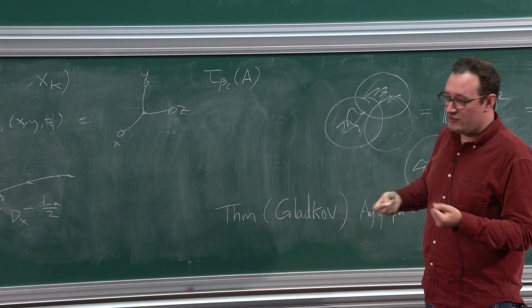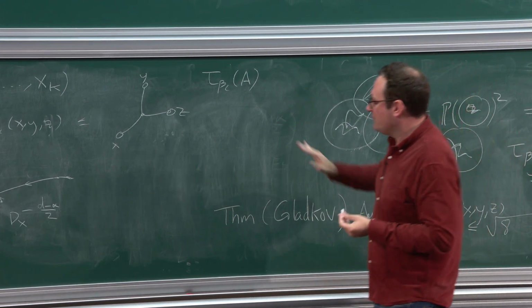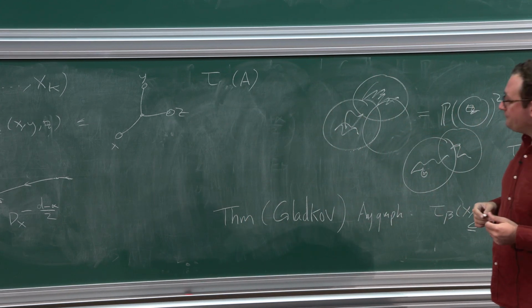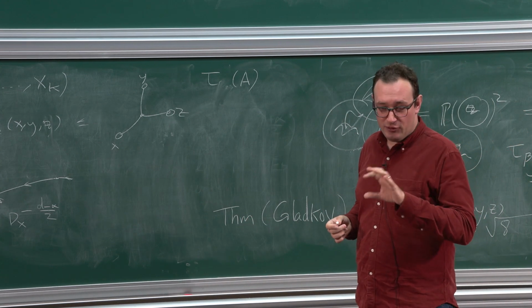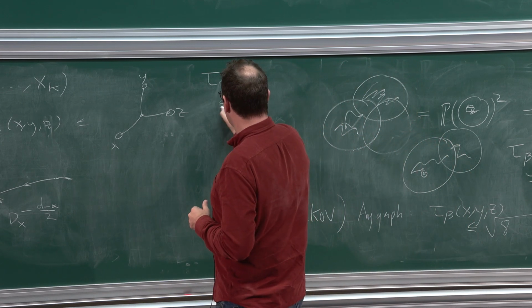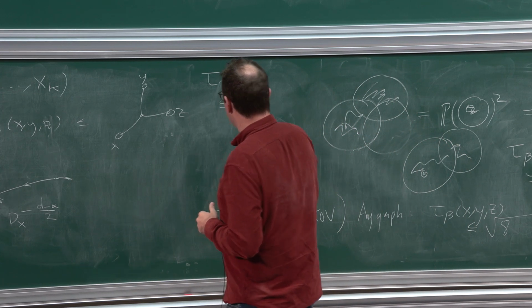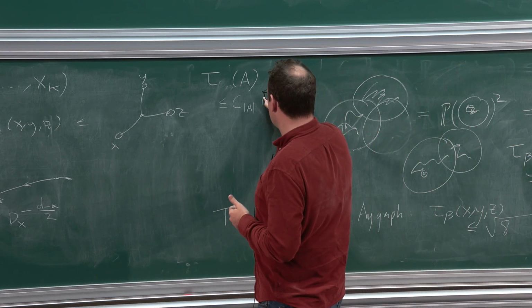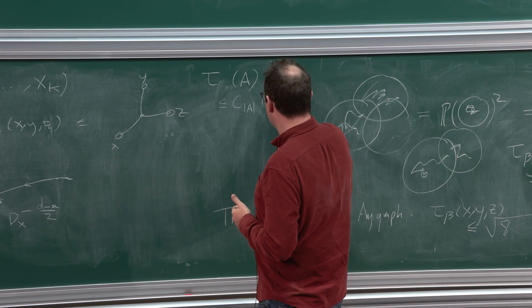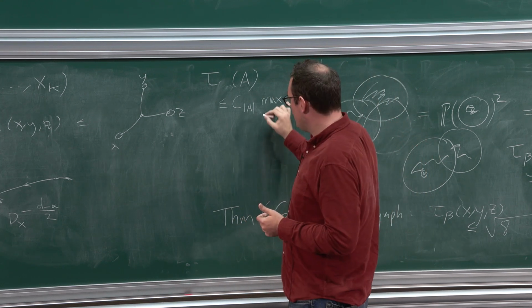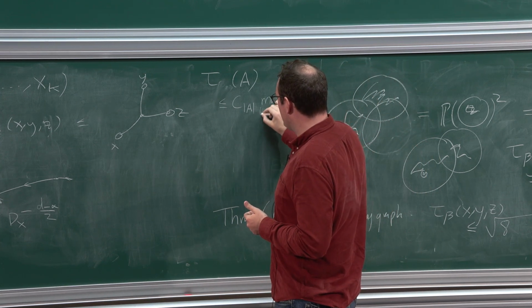So let's say tau of A is the probability. It's not really anything about criticality, actually, so let's remove it. It's the probability that all the points in the set A are in the same cluster. So the generalization is that you get some constant depending on the size of A times the max over partitions. I'll call them tripartitions.